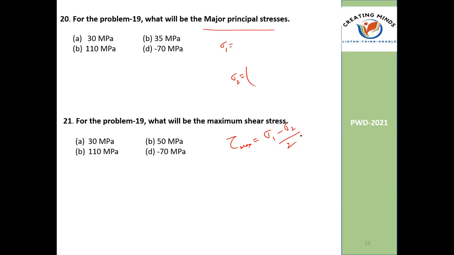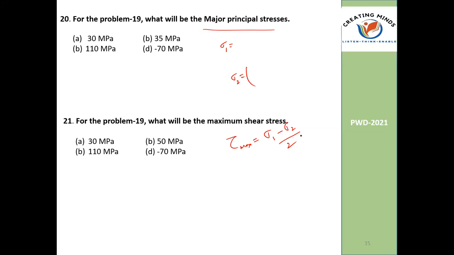What is the tau value? Compute the shear stress also. What is the value of shear stress? Once you get the sigma 1 and sigma 2 values, you easily get the tau value.